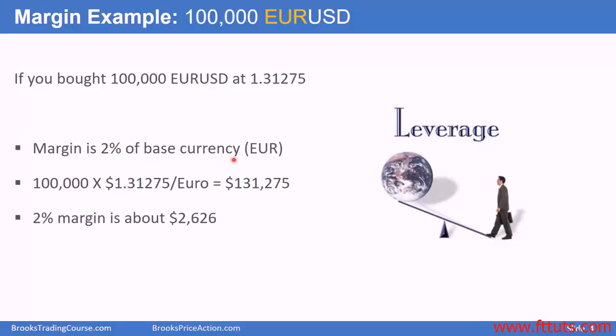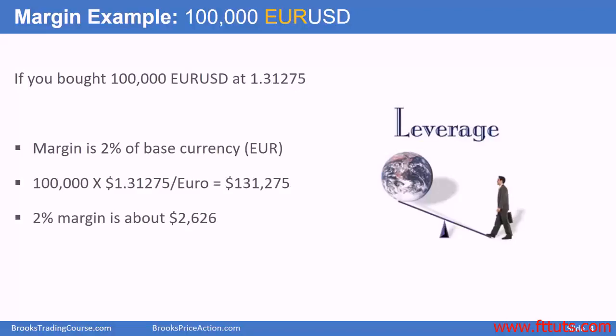That's 2% of the base currency, which is the euro, the first of the two terms. 100,000 units times 1.31275 dollars per euro equals $131,275. So a 2% margin, if you have a US brokerage account, 2% of that is about $2,600. If you want to trade 100,000 euro versus the dollar, you need at least $2,600 in your account.